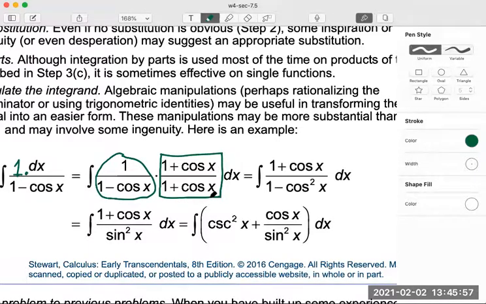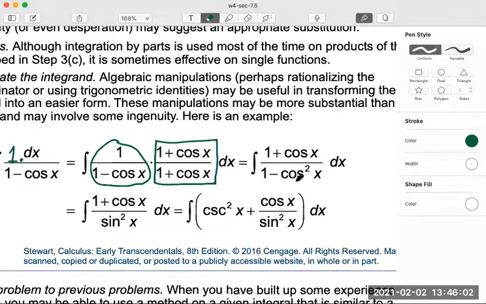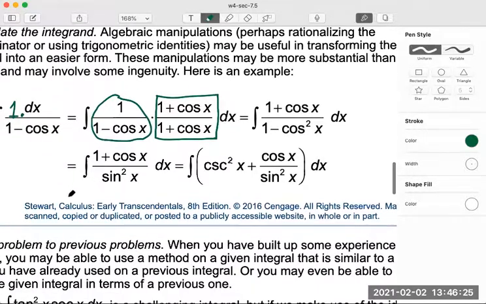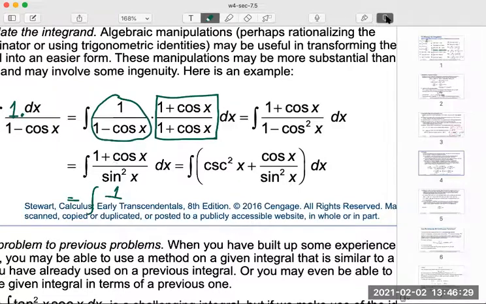But then doing this, the denominator becomes 1 minus cosine squared, and the numerator is 1 plus cosine. Using a trig identity, we can simplify the denominator, which becomes sine squared. Then we separate this fraction. It will be the integral of 1 over sine squared. Let me write it down.